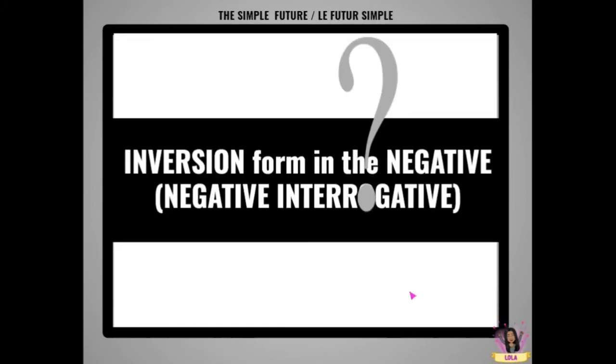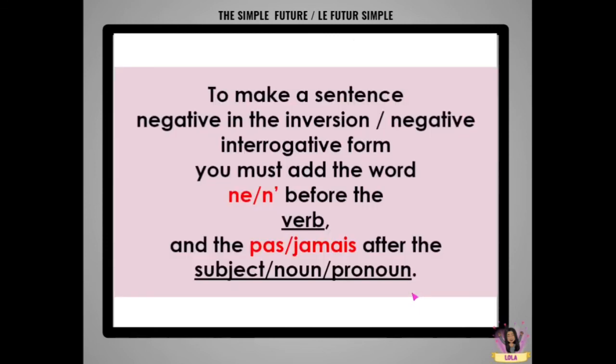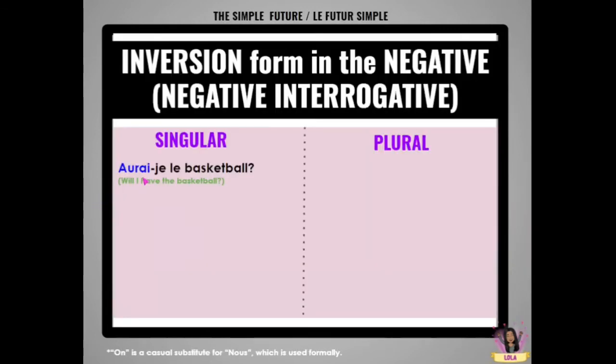And finally, inversion form in the negative or negative interrogative. So to make a sentence negative in the inversion or negative interrogative form, you must again add the ne or an apostrophe before the verb, but this time the pas or jamais doesn't go after the verb, it goes after the subject or noun or pronoun. So let's take a look at those. So taking a look at this example would be aurais-je le basketball?